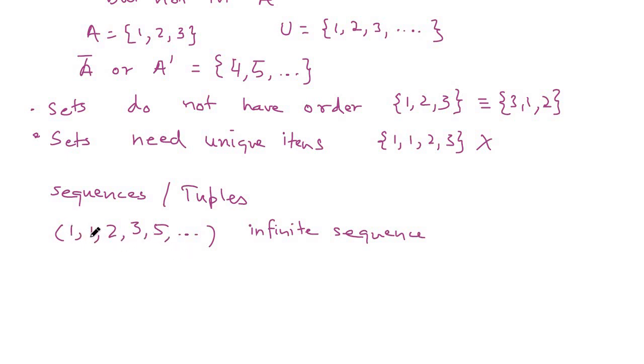So first 1 will come, then 1 will come, then 2, then 3, and so on. And it can also repeat things as many times as it likes. A tuple is a finite sequence. So (1, 2, 1) is a tuple. It's a sequence also, but since it is finite, we can name it a tuple. Generally, by the number of items in a tuple, we name it a 3-tuple or k-tuple, corresponding to the number of items it has. Since it has three items, we name it a 3-tuple.